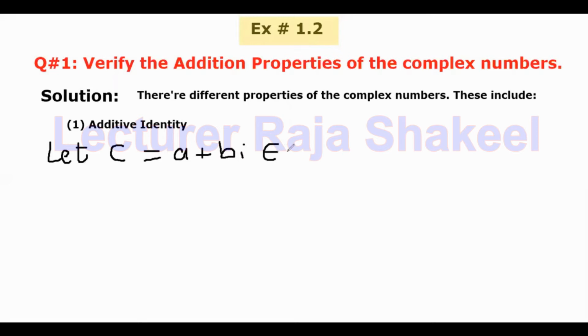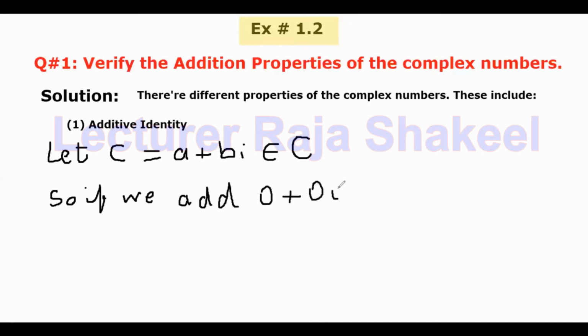This belongs to the complex numbers. If we add 0 plus 0 iota into the given complex number, then what happens?